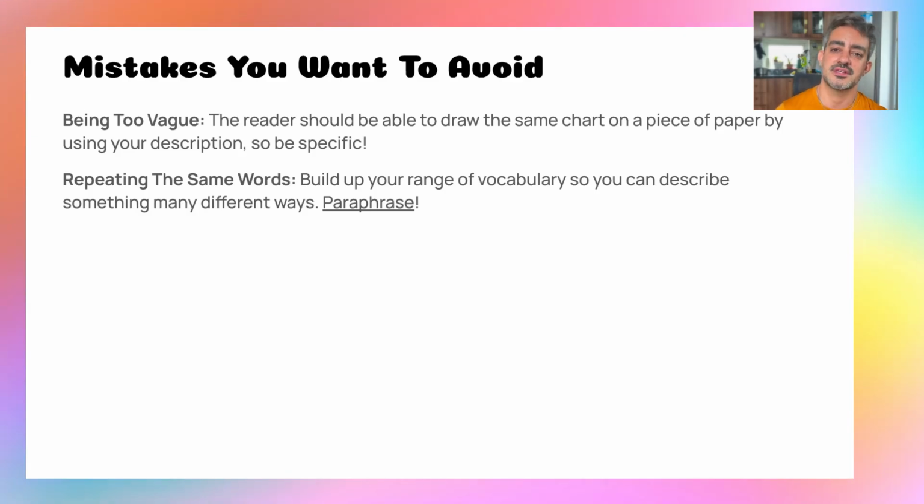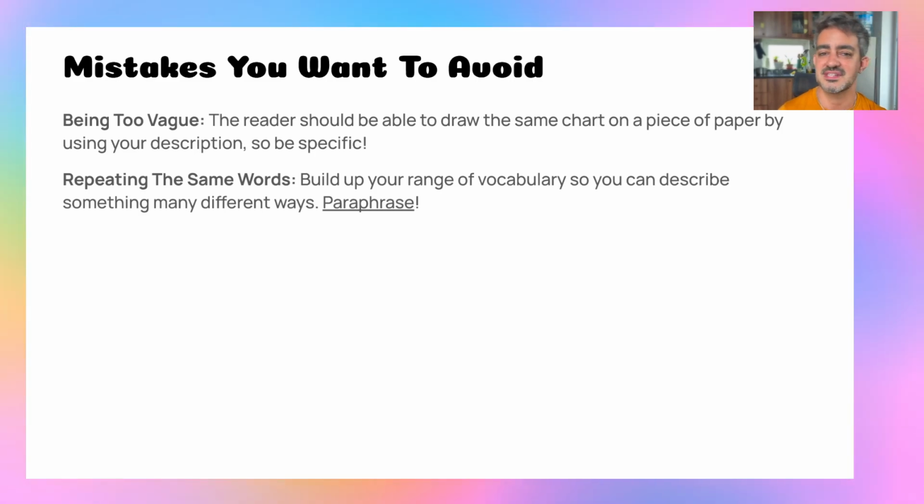Another mistake you want to avoid is repeating the same words. This is one of the more creative sides of this kind of writing. You need to avoid repeating the same words over and over again. So if you're writing about sales, for example, what we're looking at today, you don't want to say sales, sales, sales over and over again.